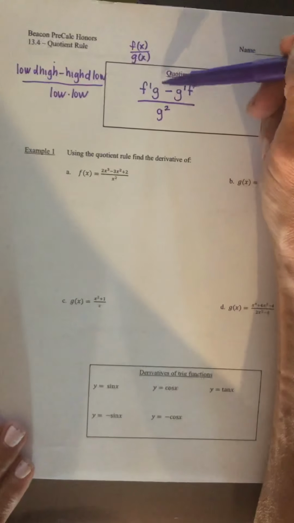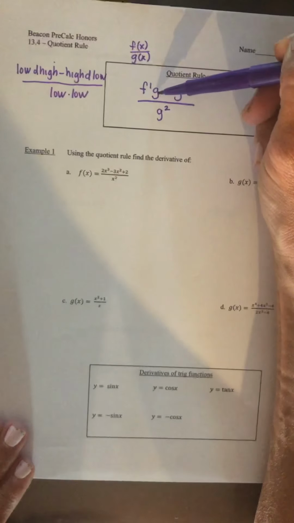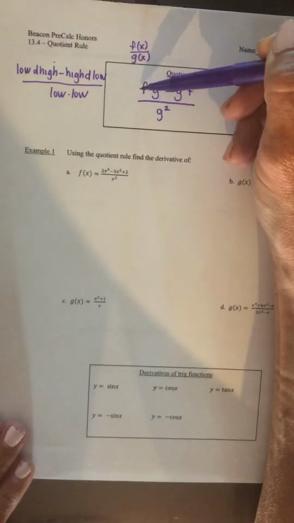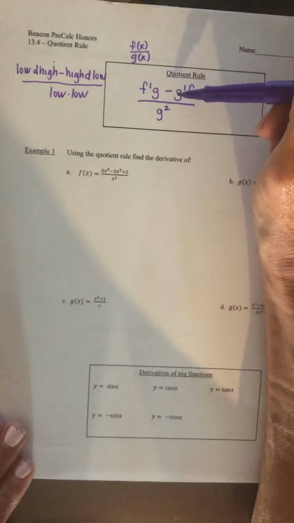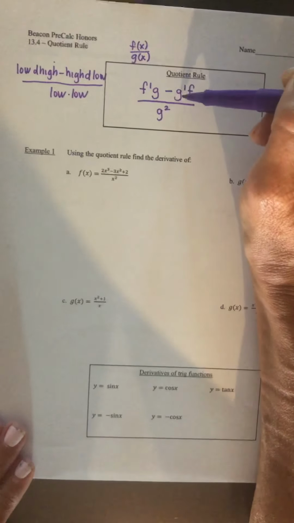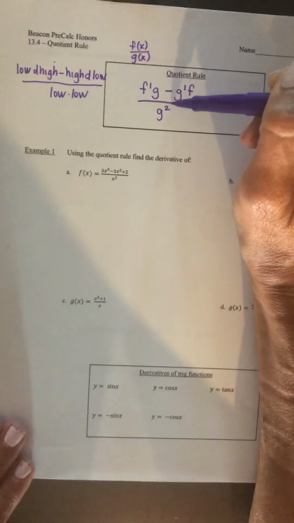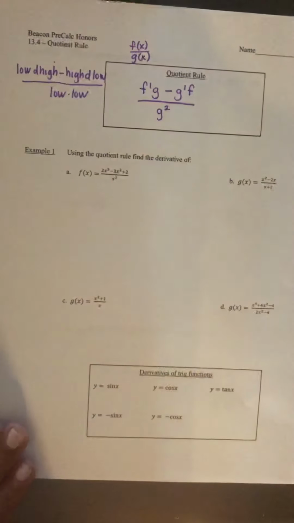Look, it's the low guy times the derivative of the high, minus the high times the derivative of the low, over low low. It's up to you. Low d high minus high d low over low low, or the derivative of the first times the second minus the derivative of the second times the first, all over the second squared.